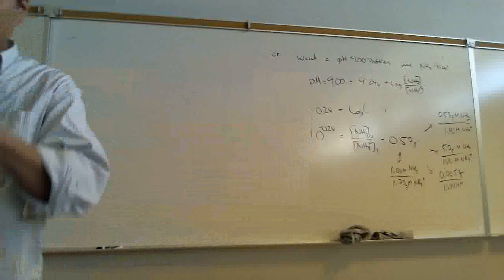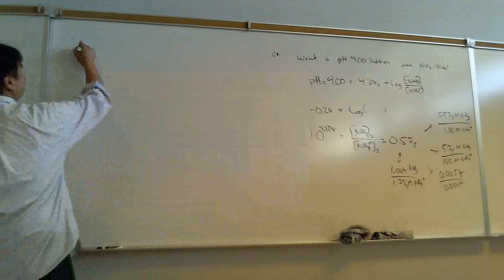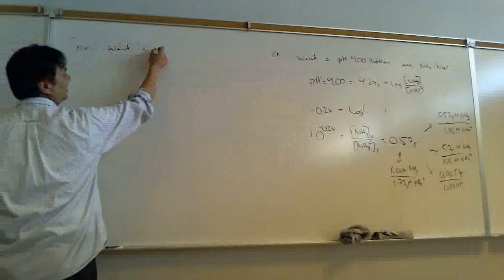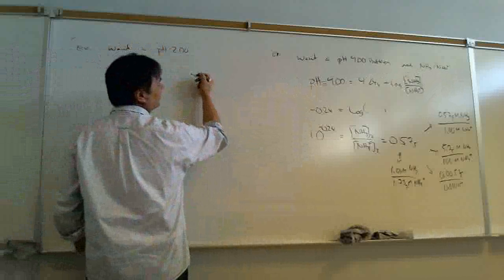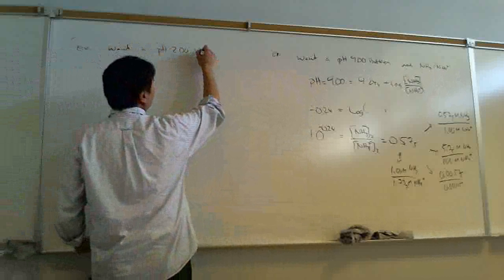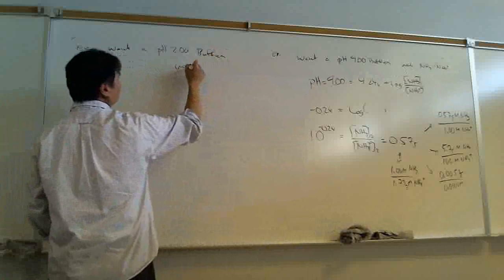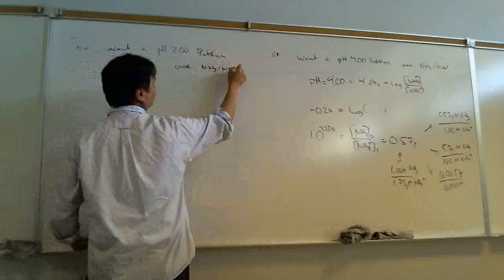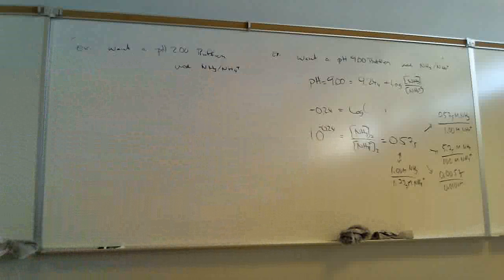Let's do another example. All right. I want a pH 2.00 buffer. Use ammonium. All right, so tell me what the ratio is going to come out to.